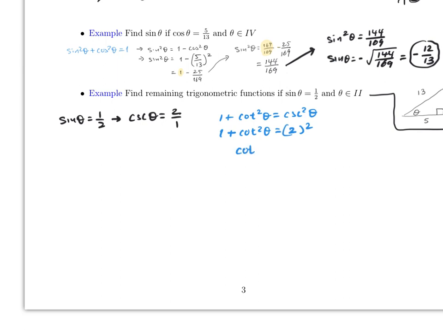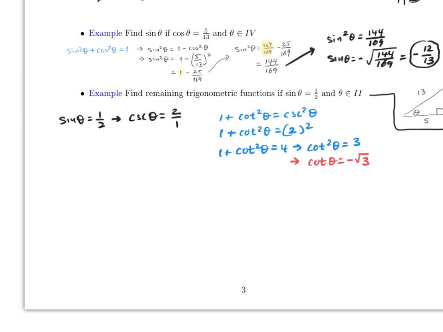So that means cotangent squared theta plus 1 should be equal to 4, which means cotangent squared theta should be equal to 3. Now, since we're in the second quadrant, cotangent is going to be negative. And notice from here that cotangent theta will be negative the square root of 3.